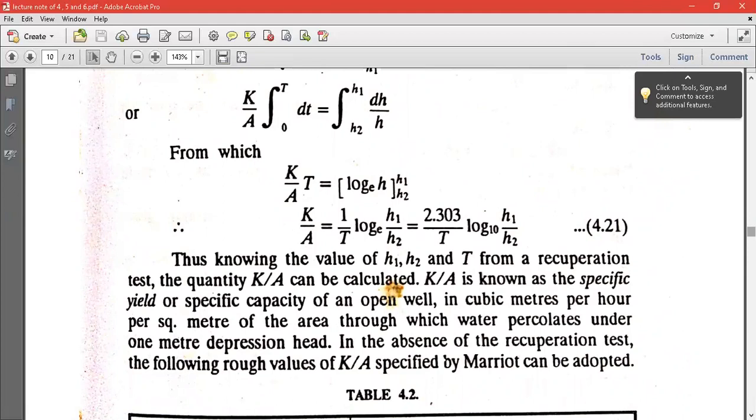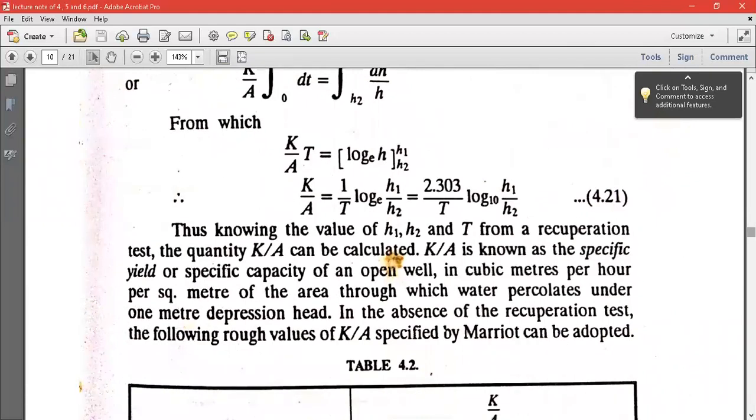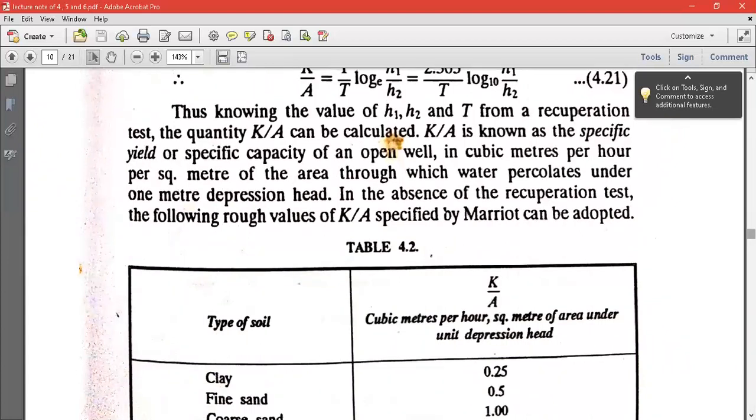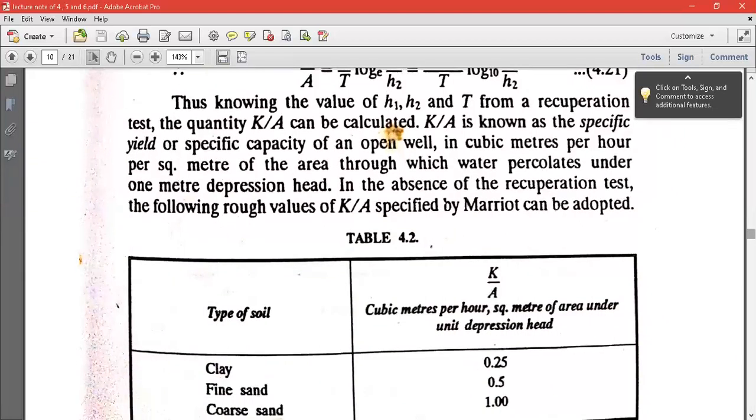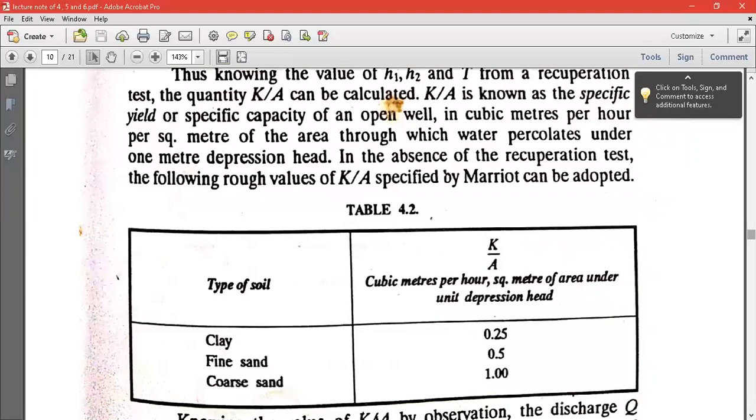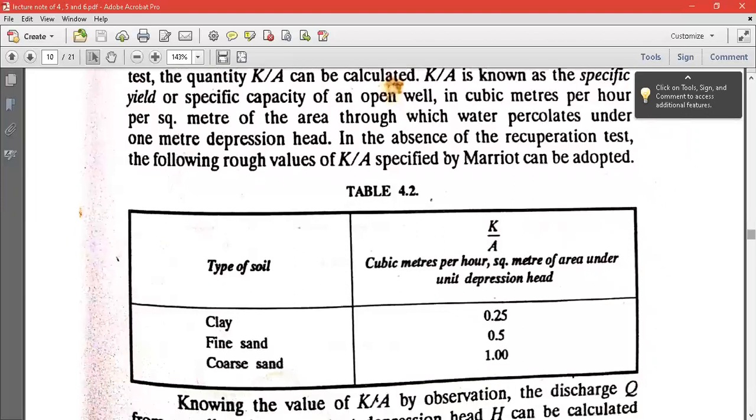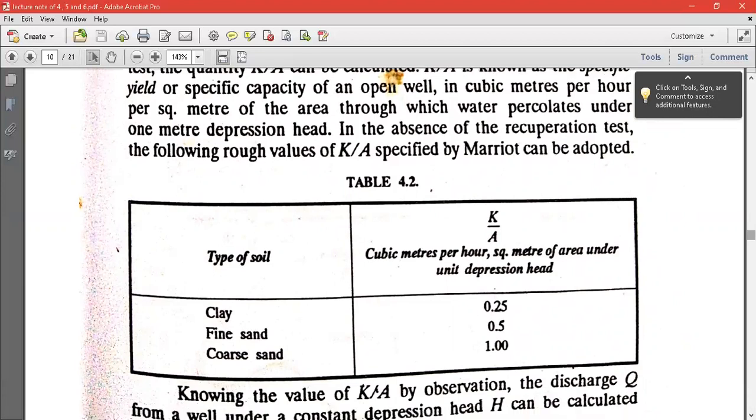In the absence of a recuperation test, the following rough values, a thumb rule, of K by A specified by Marriott can be adopted from his research, as per the type of soil, whether it is clay, fine sand or coarse sand. What is K by A corresponding to clay?